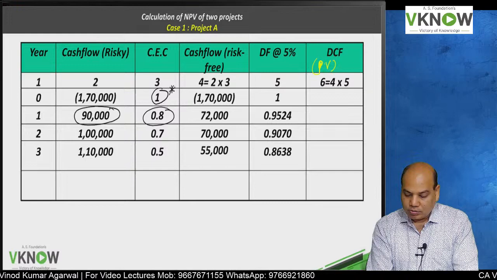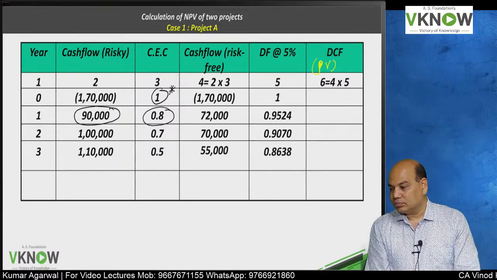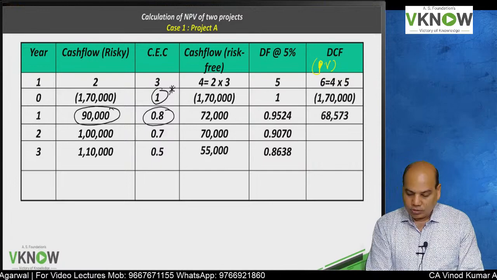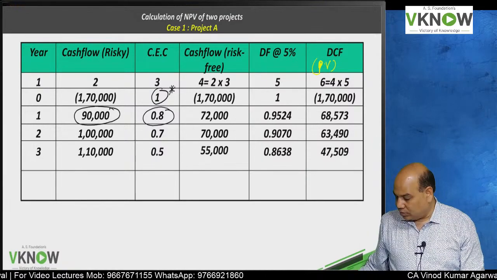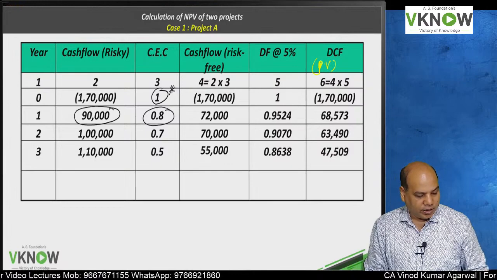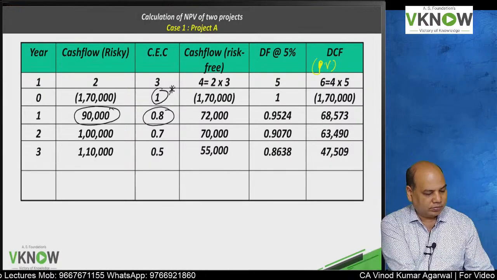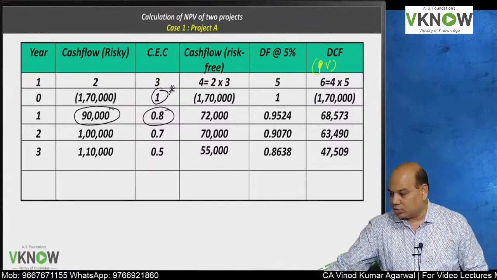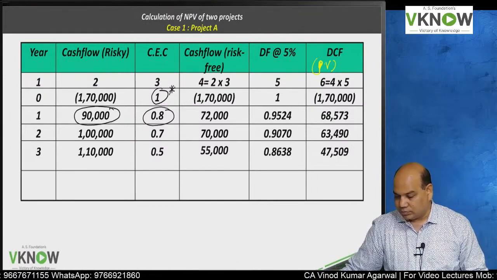Now multiply and take total. Do it yourself. Give me the total. Total of the last column.